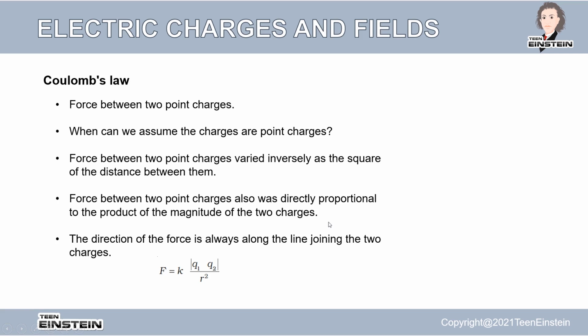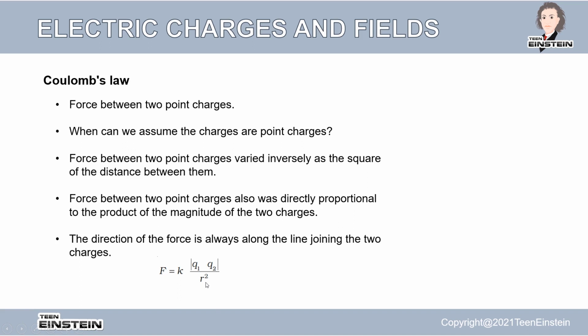Now we have an idea about the magnitude of the force. If the distance is increasing, the force will decrease as the square of the distance. And if the charges are increasing, then the force will increase as the product of the charges, because the force is directly proportional to the product of the charges and inversely proportional to the square of the distance between them.